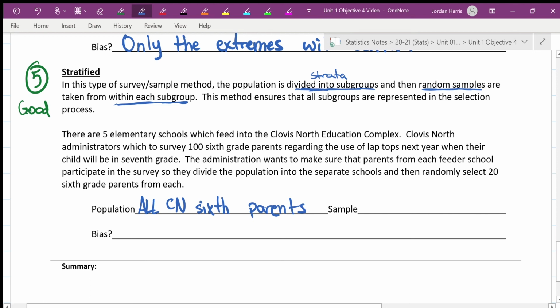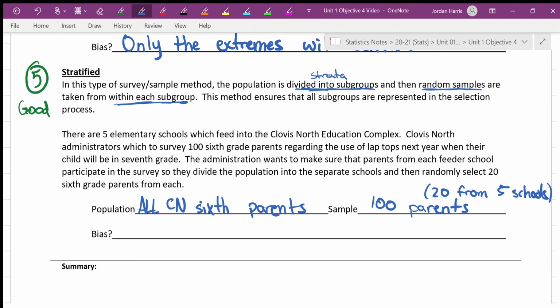Okay. And they sampled 100 parents. If you don't understand where I got that, it's 20 from 5 schools. Right, if I get 20 from each school, that would be a total of 100 parents.